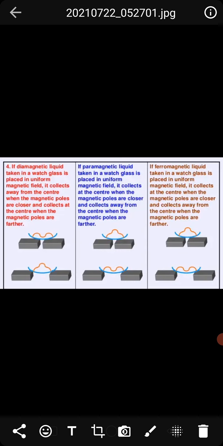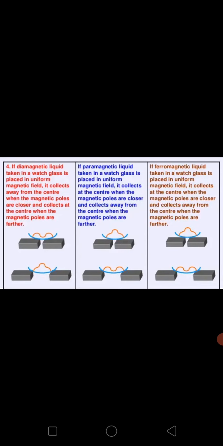Now see, in the diamagnetic substance, suppose we have taken a liquid in a watch glass and it is placed in a uniform magnetic field as indicated in the diagram. So it collects away from the center when the magnetic poles are closer and collects at the center when the magnetic poles are farther.